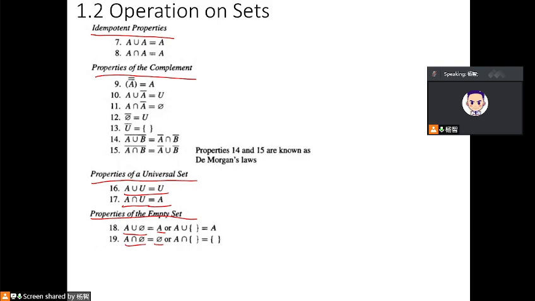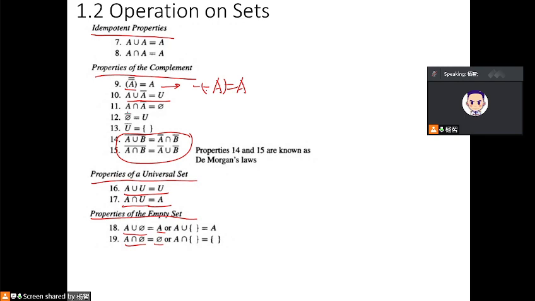Okay, I think this may be difficult, but the others are not difficult. The complement of the complement of A equals A. You can comprehend it like this: minus minus A is equal to A. And A union the complement of A is equal to U, the universal set.